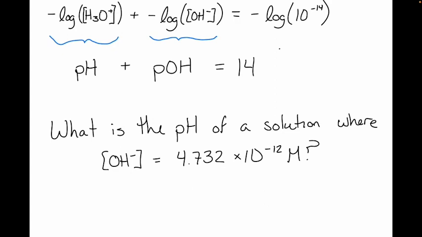What we're going to do is first calculate the pOH and then use that in our restated auto-ionization relationship to get the pH. Everybody take a second and see if you can solve this problem.